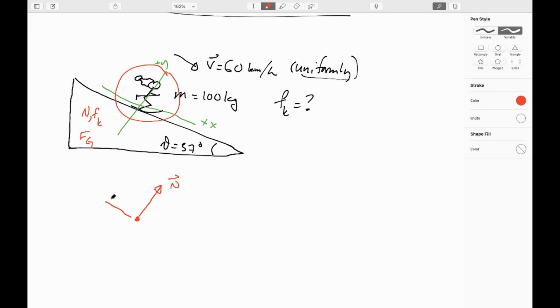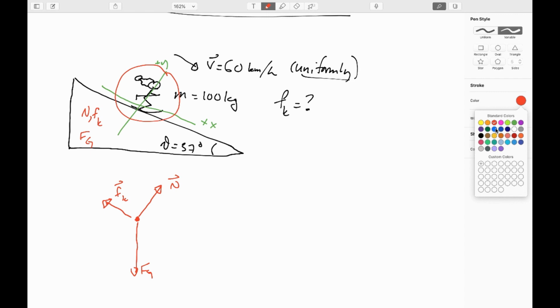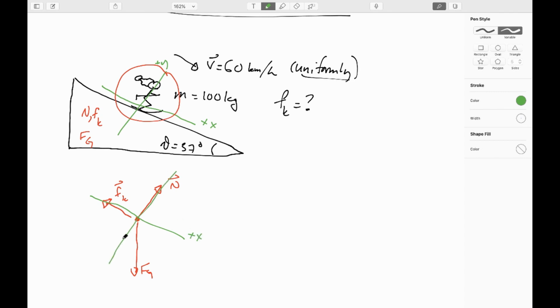And the force of kinetic friction will be parallel to the surface and opposing the motion. And gravity will be straight down. All right, so now let me go ahead and put in my coordinate system here. So again, there's my plus x, there's my plus y.